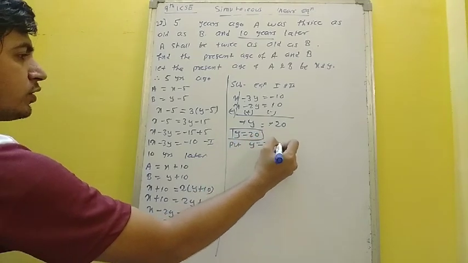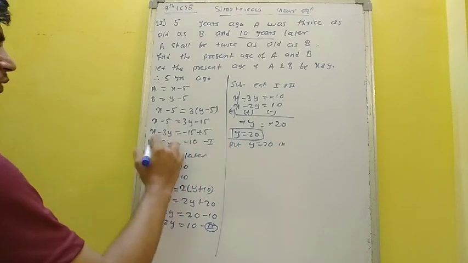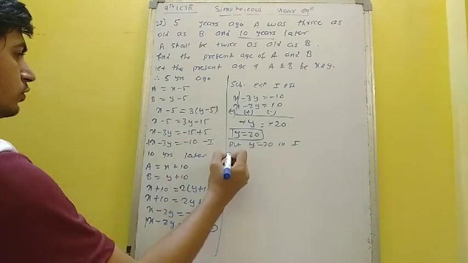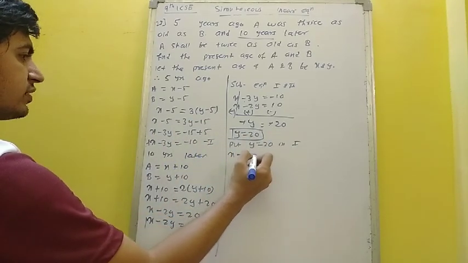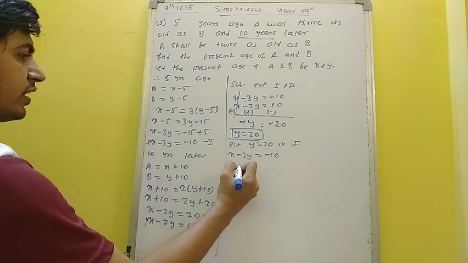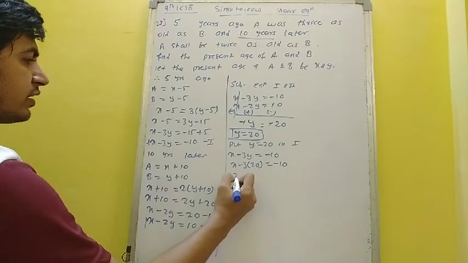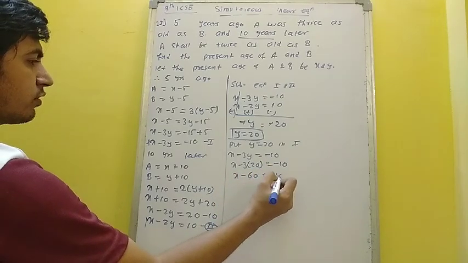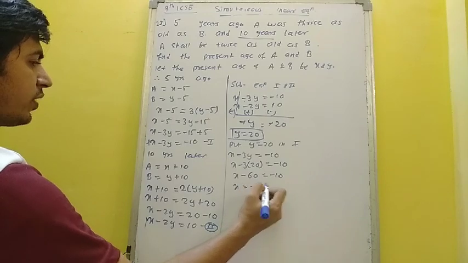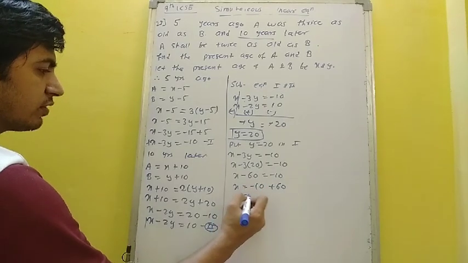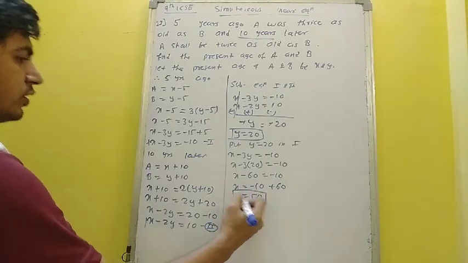Put Y is equal to 20 in 1. So X minus 3Y is equal to minus 10. X minus 3 into 20 is equal to minus 10. X minus 60 is equal to minus 10. X is equal to minus 10 plus 60. We have value of X is equal to 50.